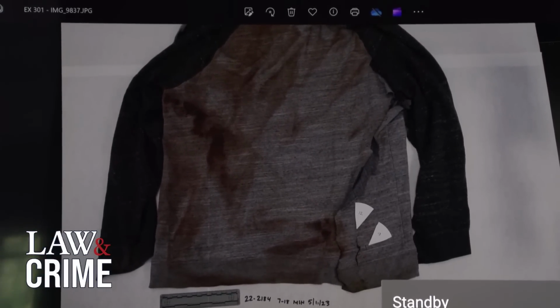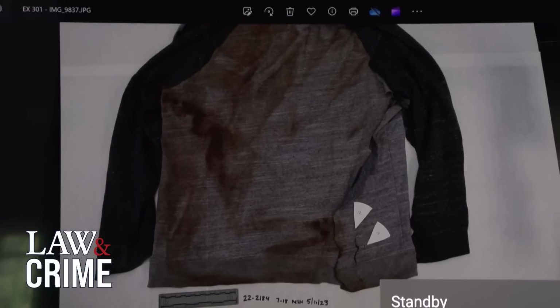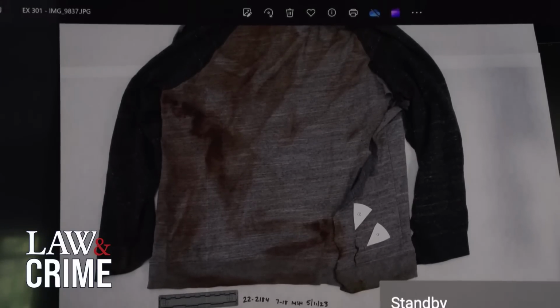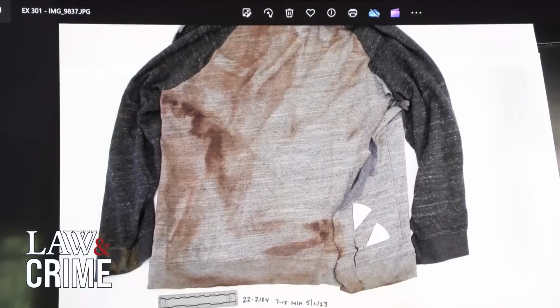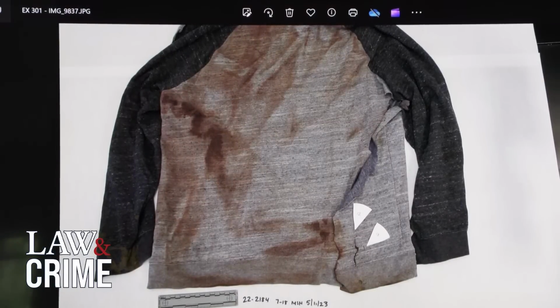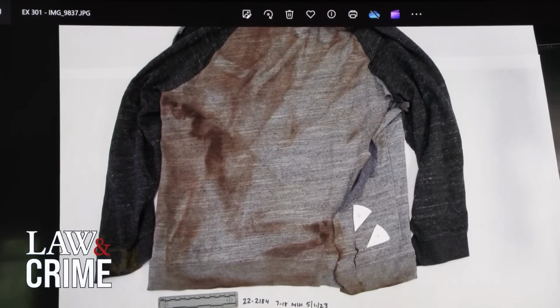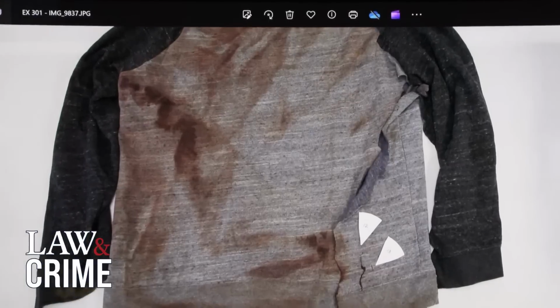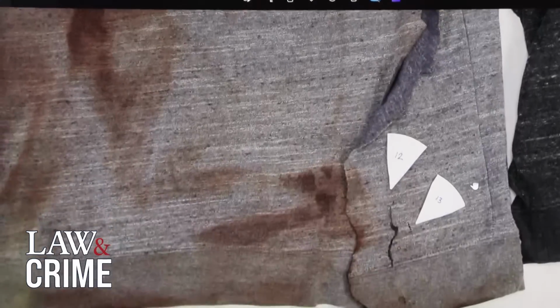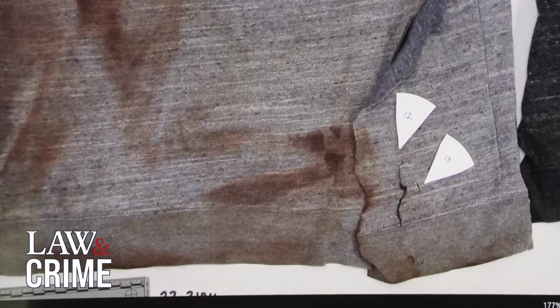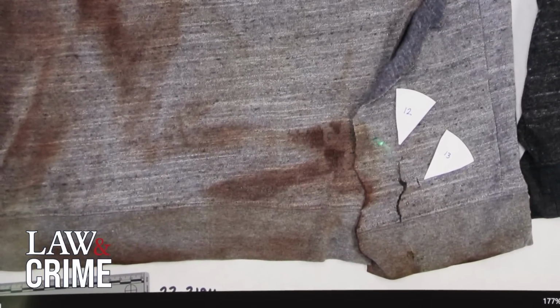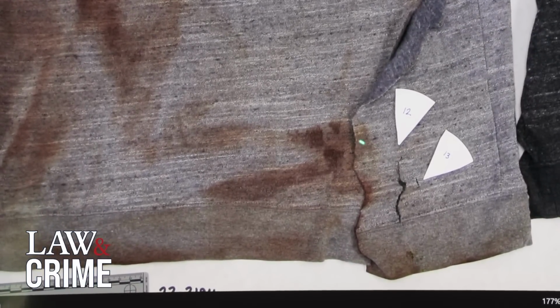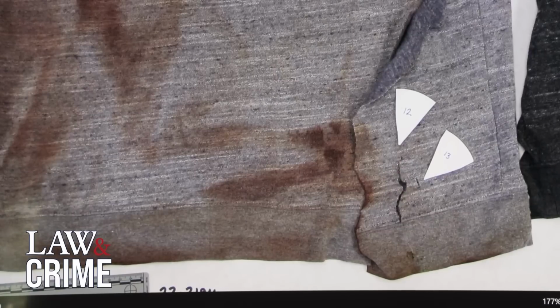And the items that you labeled as 12 and 13, are they depicted on that? Yes, they are. If you could, using a laser pointer, just draw the jury's attention to where 12 and 13 are. Is it possible to zoom in on the numbers? I can't read them from here. So there's area 2 and area 12 and area 13.